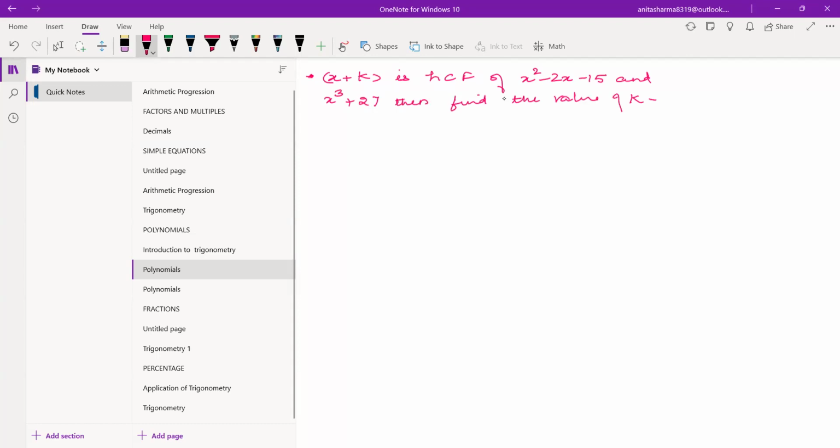So you have given that x plus k is the highest common factor of x square minus 2x minus 15.